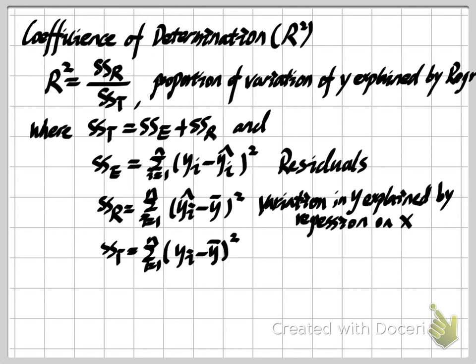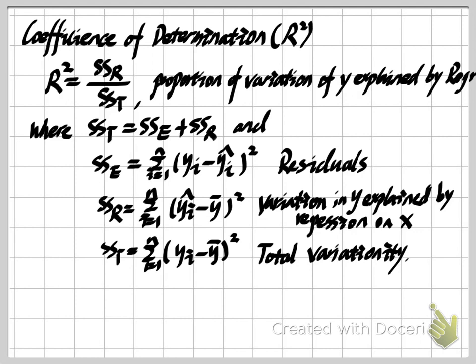Here you can see this is the sum of squares of the difference between yi hat and y bar, where y bar is our sample mean of y. And then the next thing is our SST. SST is generally called our total variation. So this is our SST.